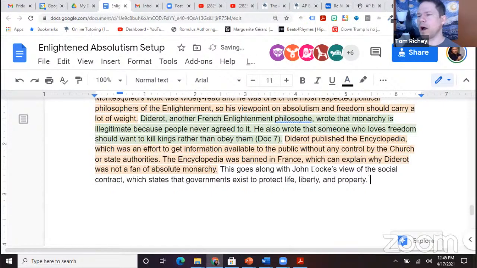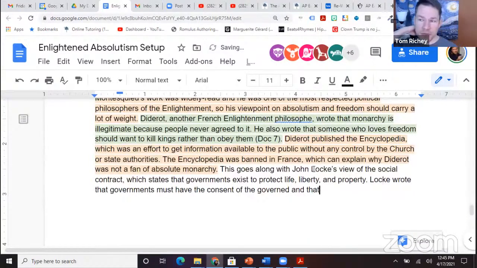Locke wrote that governments must have the consent of the governed.